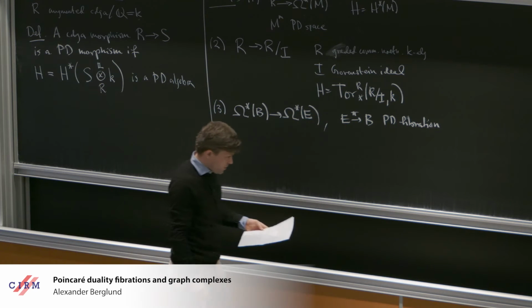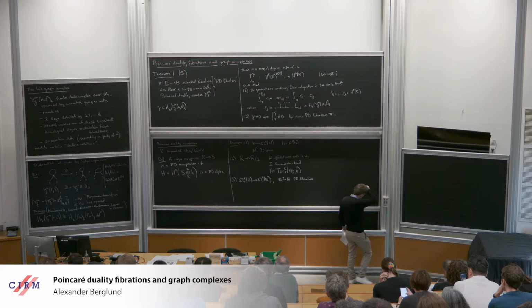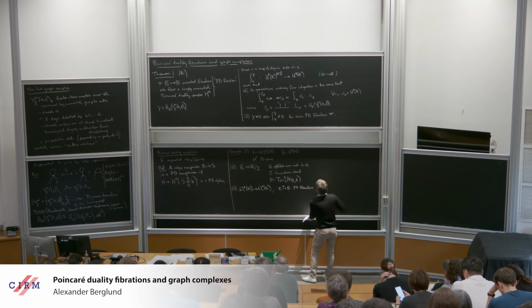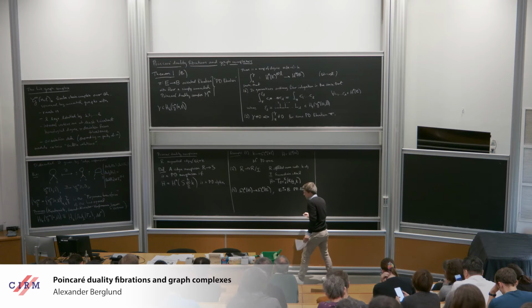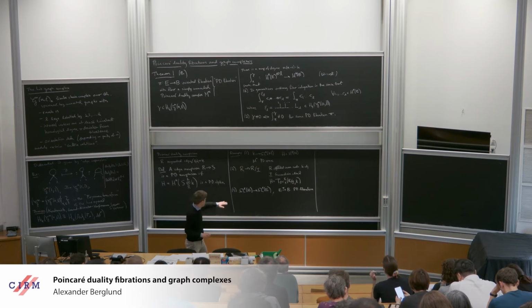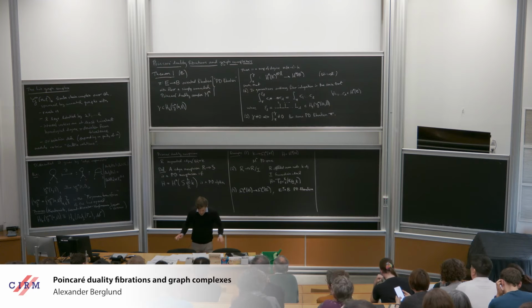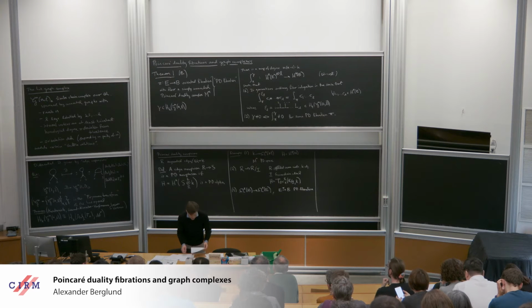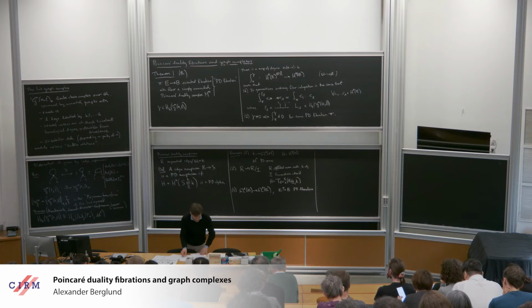Yes, so those are some examples. And to be safe, for simplicity today, I'm going to assume that the spaces I consider are simply connected. That's not absolutely necessary, but it would complicate the exposition if I don't assume that. So let's just assume that for today.